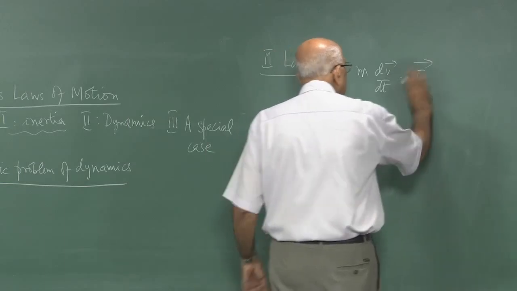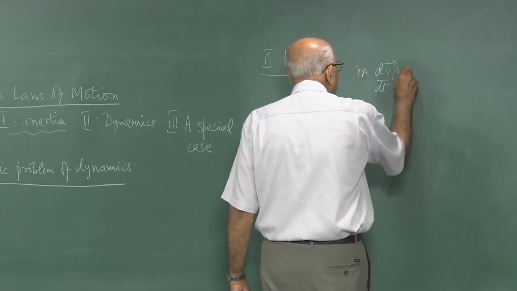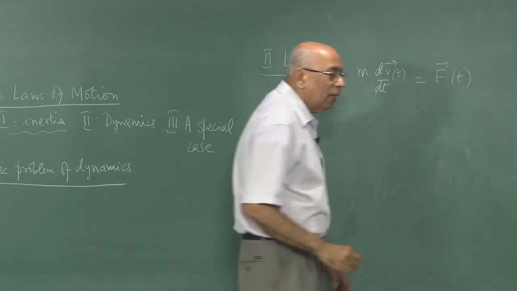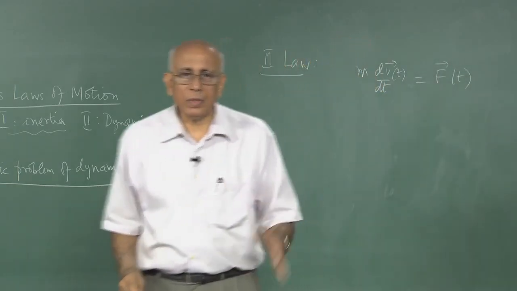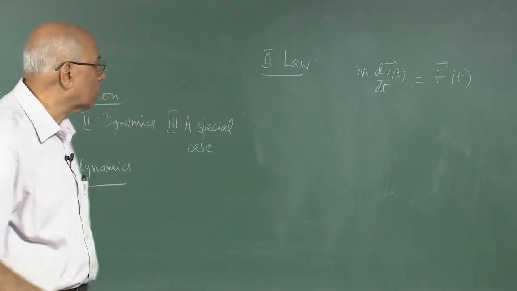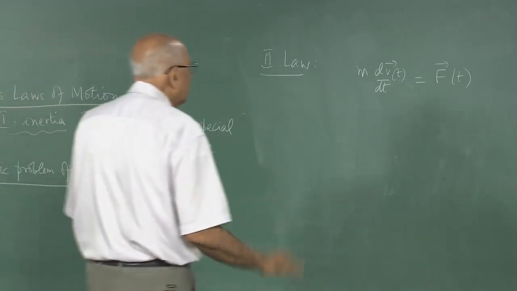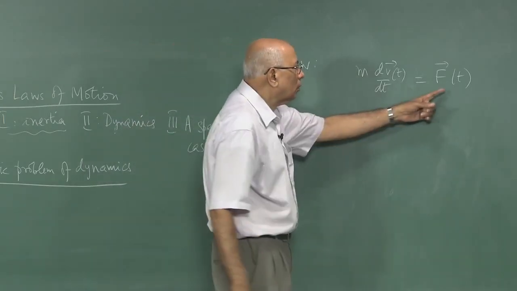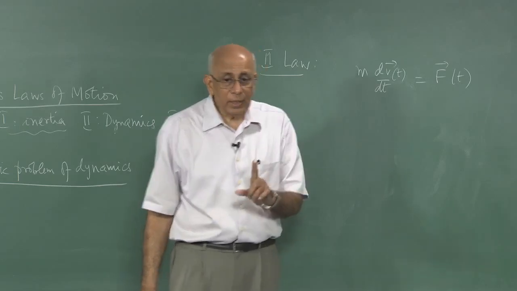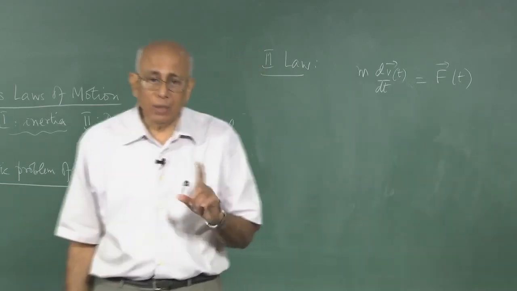So let us say this is m a(t) equals F(t). It does not say anything about where this force comes from, what are the other bodies that act on this object in order to produce a force on it. It says it does not care. It says the moment there is a force, the body reacts by accelerating, not changing its position immediately but changing its velocity.